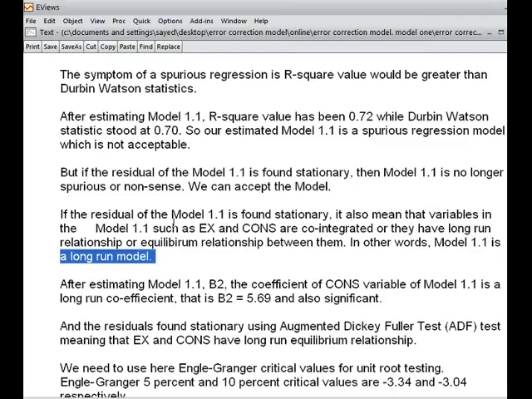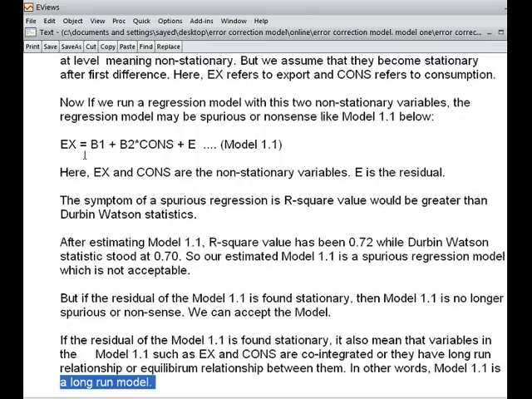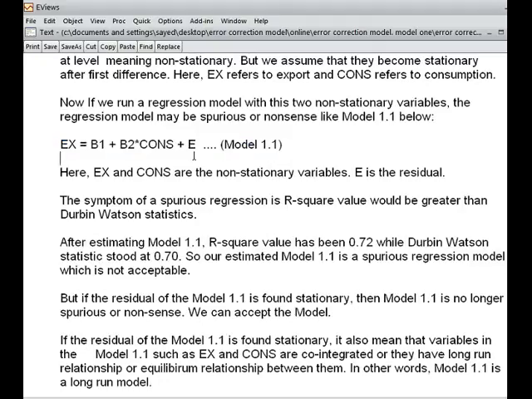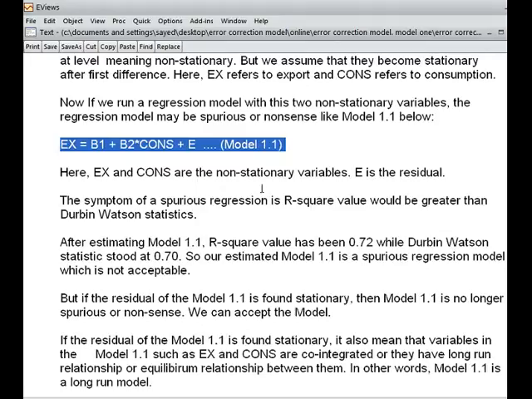And here, if the residual of model 1.1 is stationary, then model 1.1 is a long run model, meaning that the B2, the coefficient of cons, actually this B2 would be long run coefficient. B2 would be long run coefficient, not short run coefficient, because the whole model will be long run model.